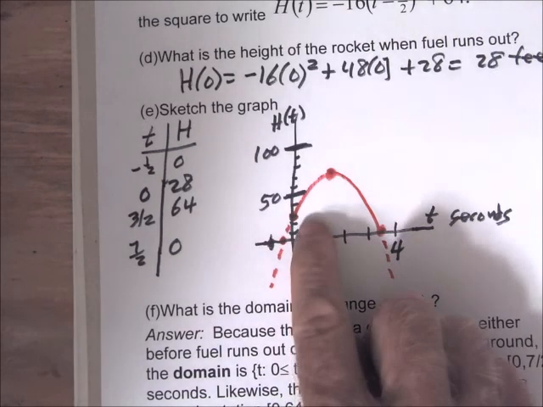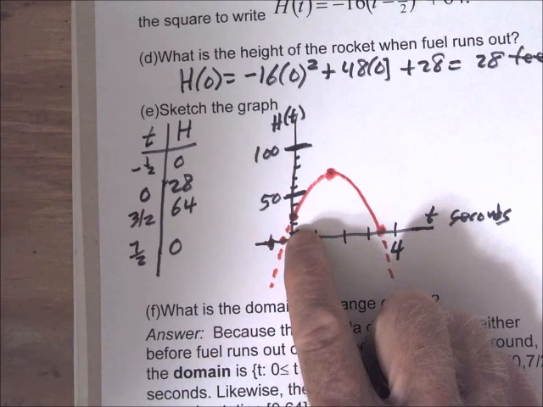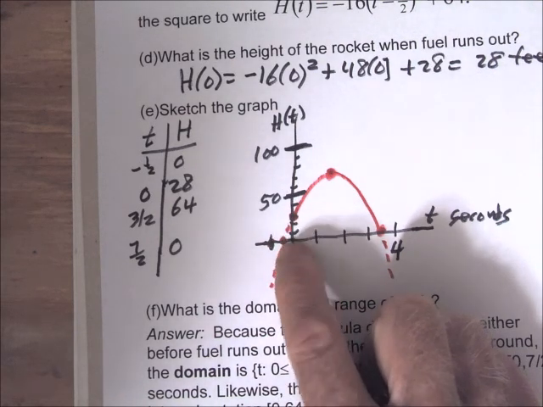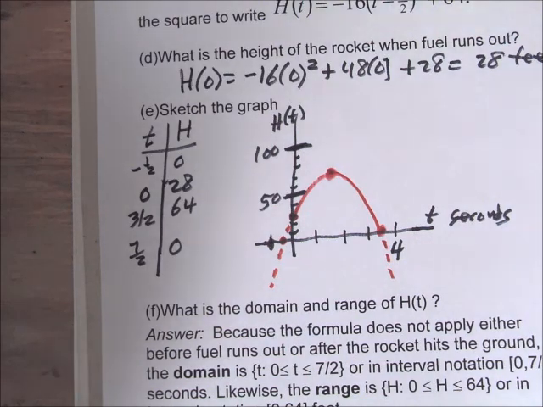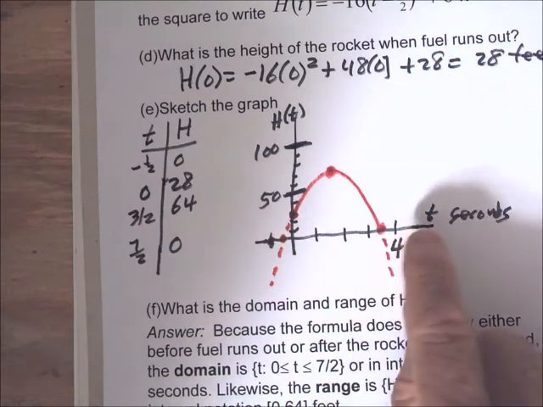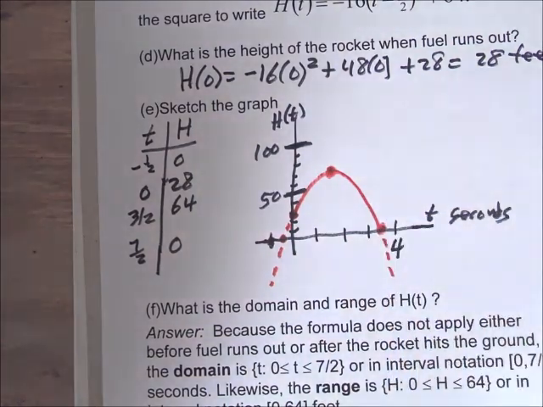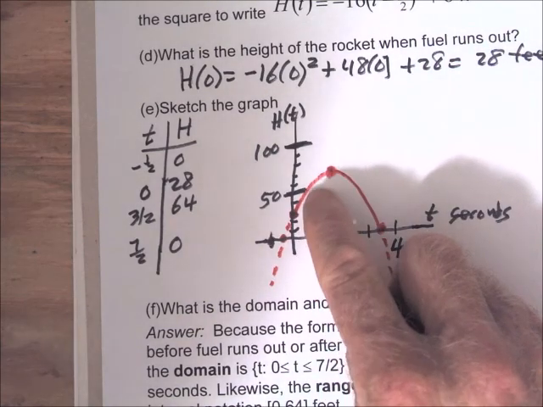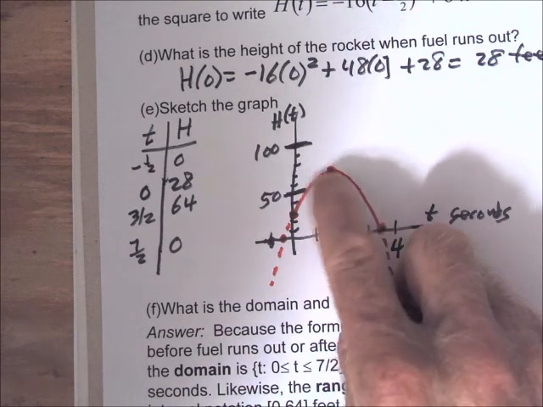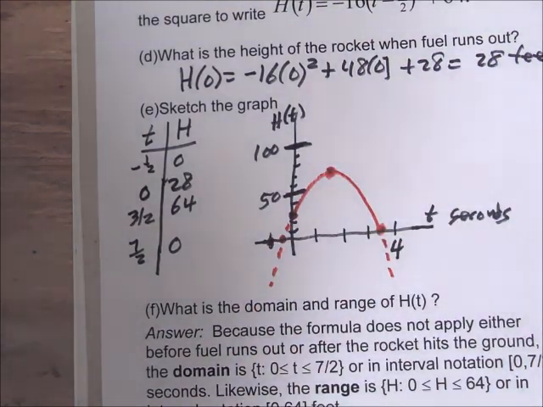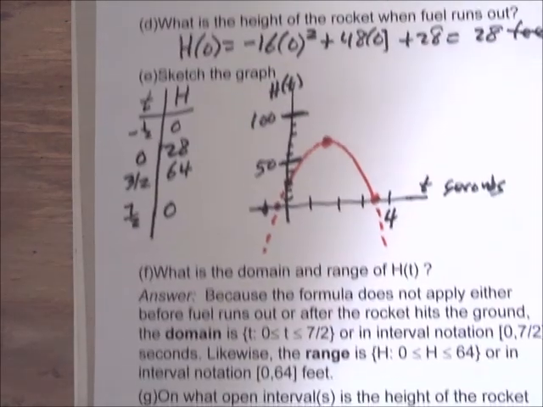Also, before the fuel runs out, the velocity of the rocket is actually increasing because the fuel is burning. So the formula really only applies from time 0 until time 3.5 seconds. So I put that part of the graph in with a solid curve, and then I put dots to indicate the rest of the parabola, a dotted curve there.